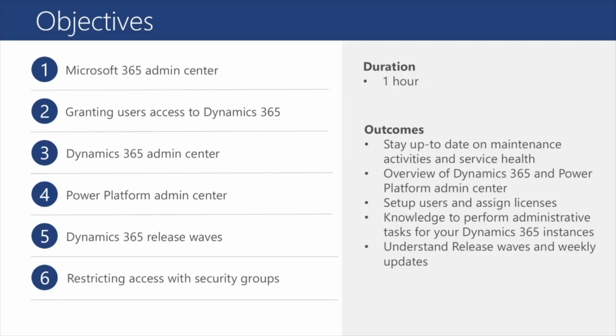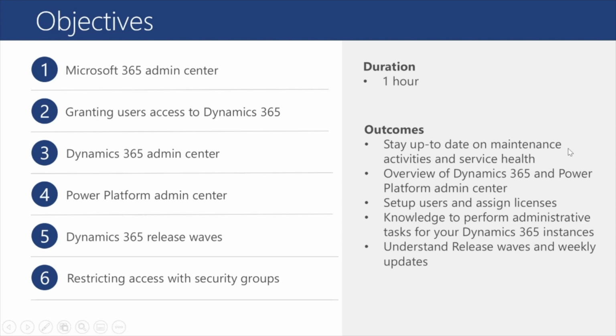Our objective for today is to provide information which should help admins to ramp up with Dynamics 365 related administration tasks. Firstly, we will talk about Microsoft 365 Administration Center, where administrators manage Dynamics 365 subscriptions as well as other Office 365 subscriptions.